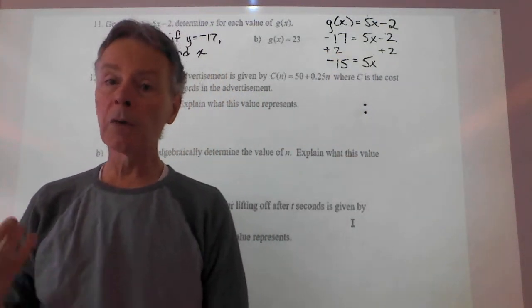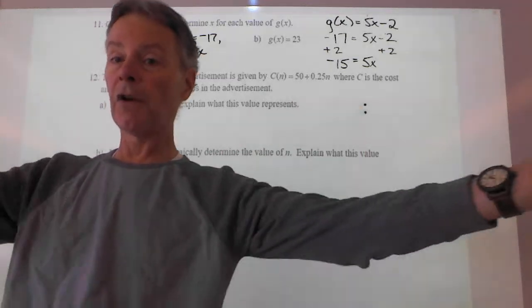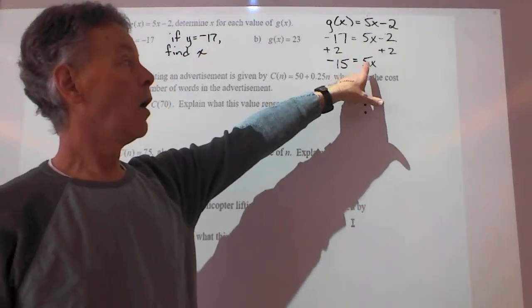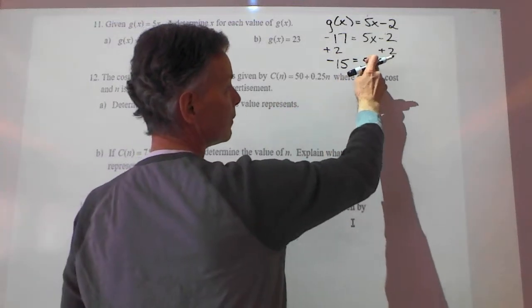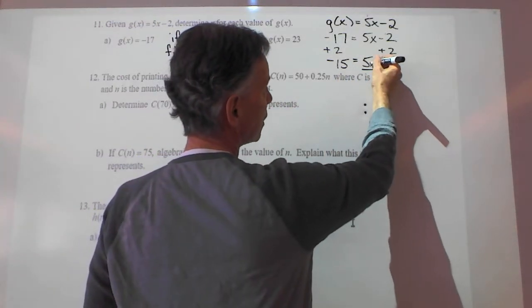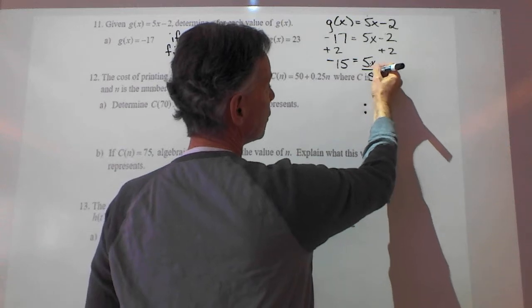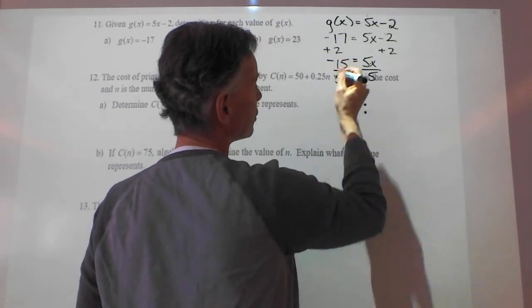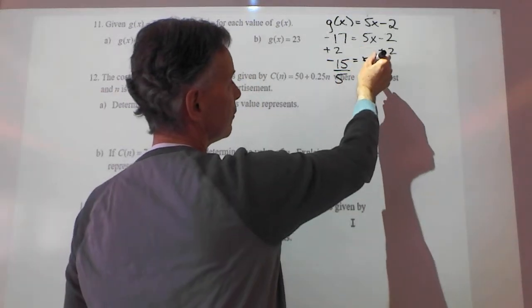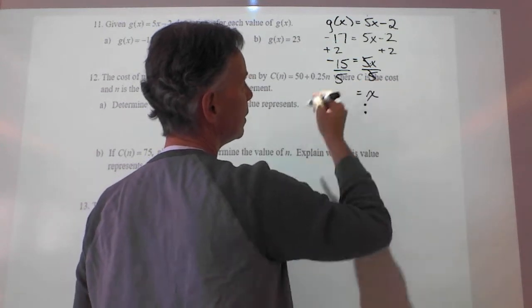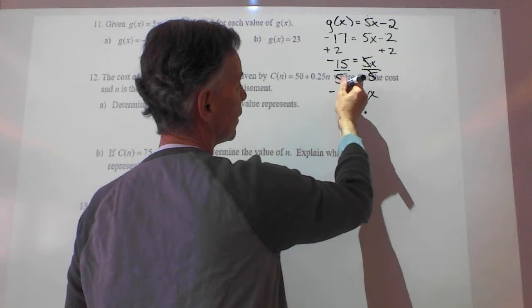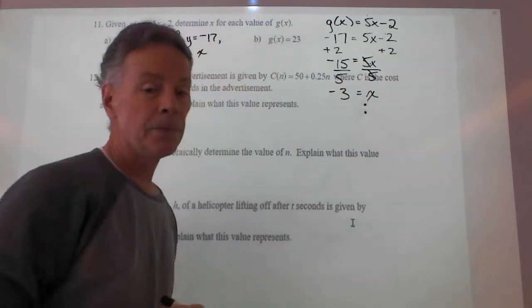And this is the point where I would ask you, if you were actually in front of me, what's the last thing we have to do to get x all alone? Well, we have to get rid of this 5. And because it's multiplied by x, we have to do the opposite operation. We have to divide. 5 divided by 5 leaves us with 1x. Negative 15 divided by 5 gives us negative 3.